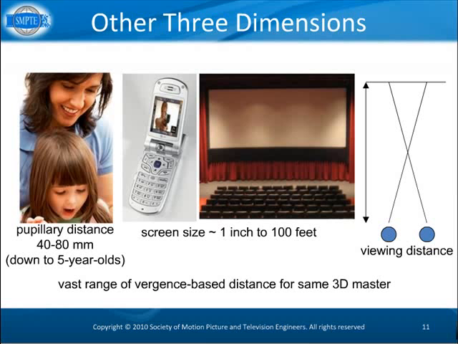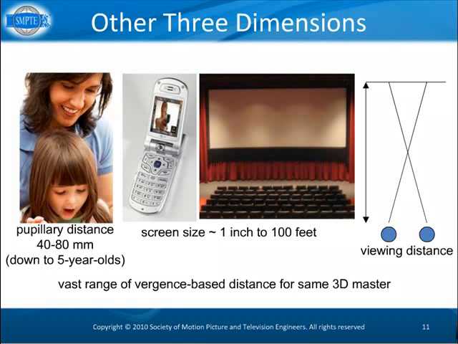Well, then it's going to appear to come out of the screen exactly half of the distance that the viewer is from the screen. If the viewer happens to be 100 feet away from the screen, it's going to come out 50 feet. And if the viewer happens to be 6 feet away from the screen, it's going to come out 3 feet. If what's coming out is someone's arm, 3 feet might be sort of okay.